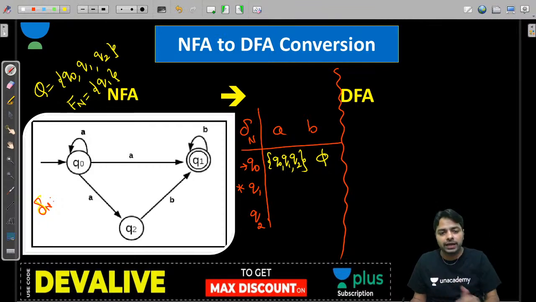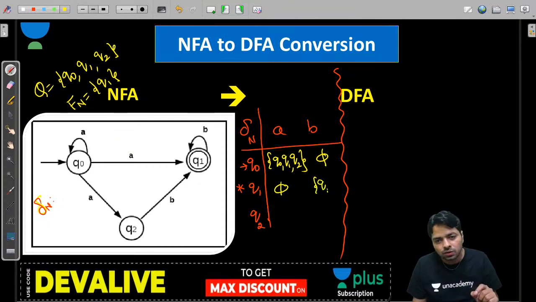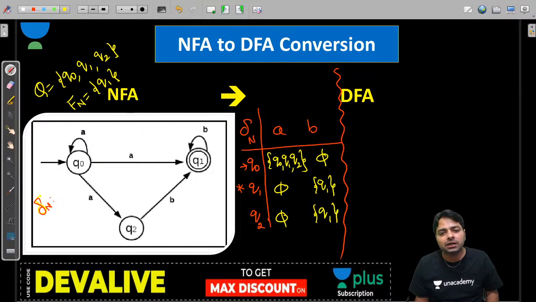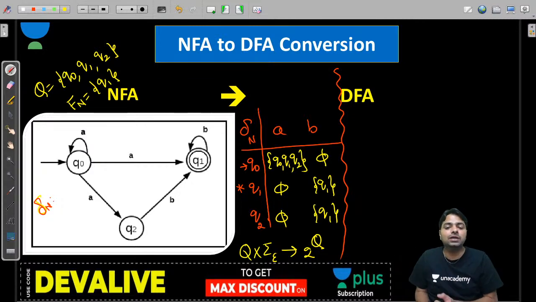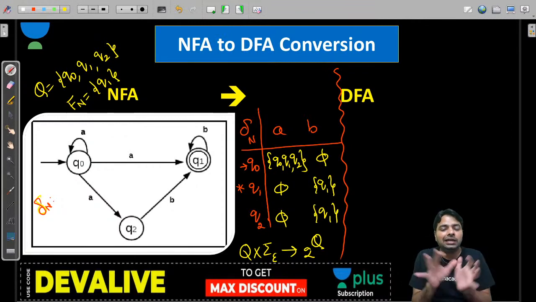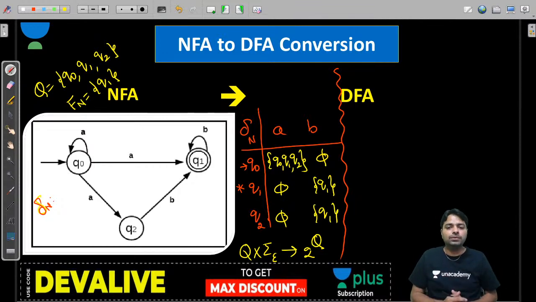Q1 on A has no transition. Q1 on B has a self loop, so Q1. Q2 on A, no transition. Q2 on B, Q1. Guys, this is the definition, Q cross sigma union epsilon to 2 power Q. This 2 power Q is the transition. What will be the next state? That depends on the entry of the table. The entry of the table is an element of 2 power Q, an element of the power set of Q. This is the definition of an NFA.